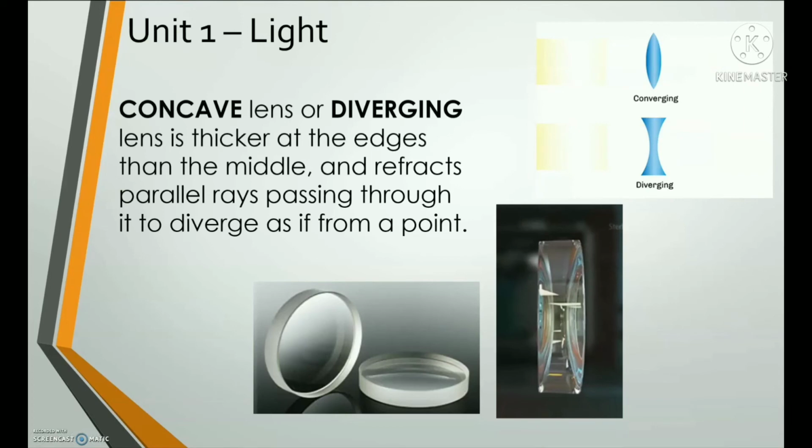Now let's talk about the concave lens. Everybody repeat after me. Concave lens or diverging lens is thicker at the edges than the middle and refracts parallel rays passing through it to diverge as if from a point.